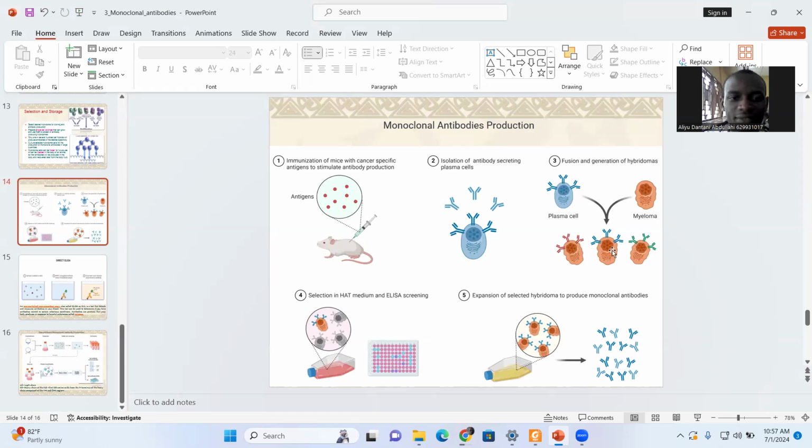After fusing, you see this myeloma cell has fused successfully, this one has fused successfully, this one has probably not fused, right? So if you screen, the one that has fused will produce antibodies. The one that has not fused will not produce anything. Look at the color of the medium. Plated in a 96-well plate, the ones that produce antibody probably have a different color from the medium.